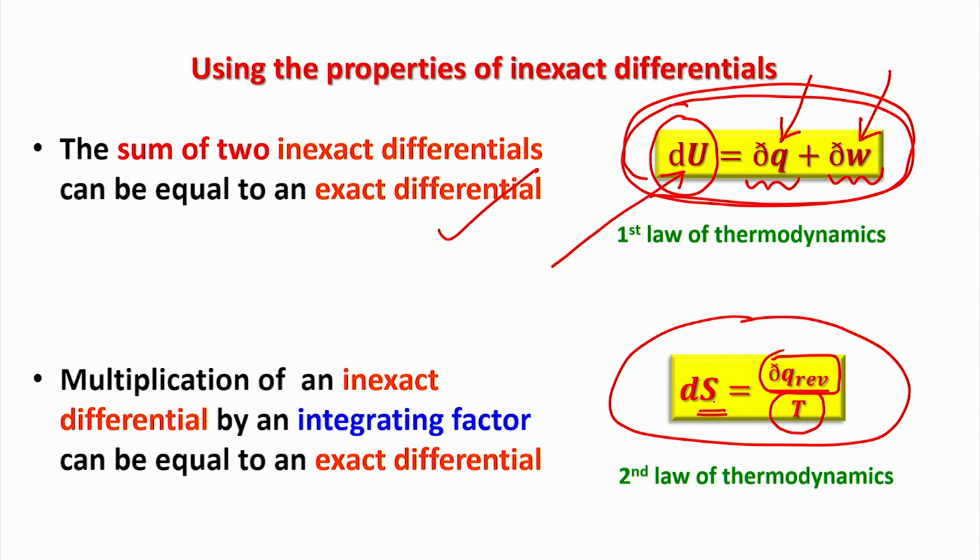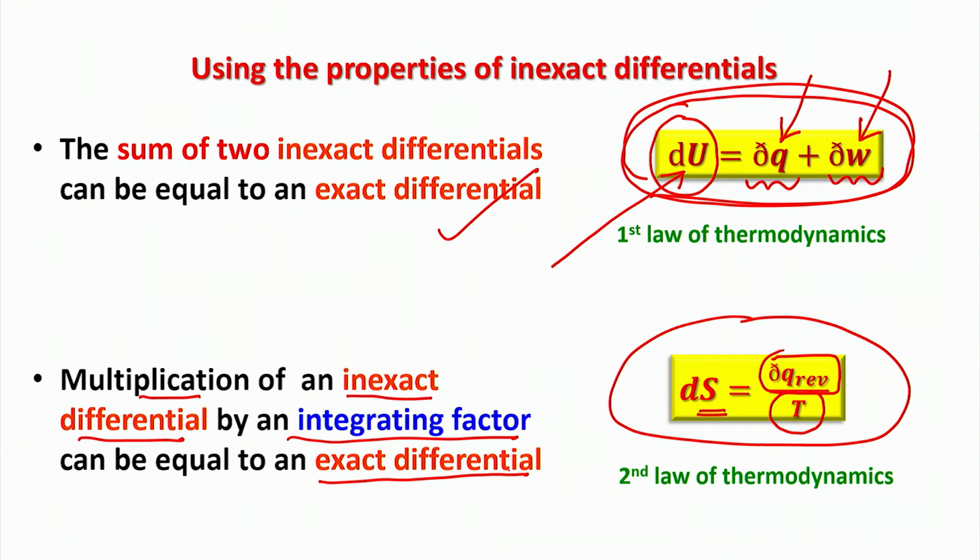This kind of relationship once again is mathematically feasible. Why? That is because multiplication of an inexact differential by an integrating factor can actually be equal to an exact differential. And therefore, the second law of thermodynamics in its mathematical form is also a valid one.